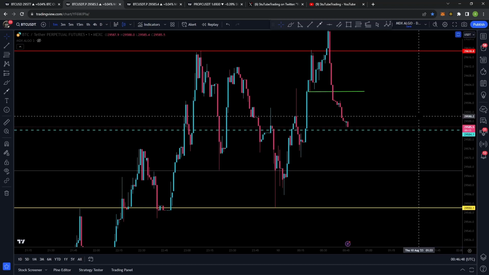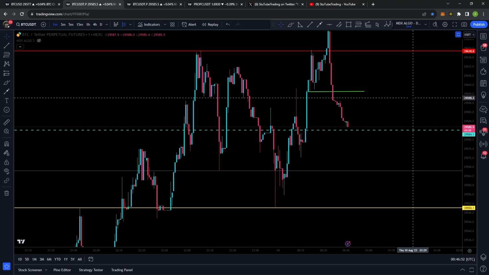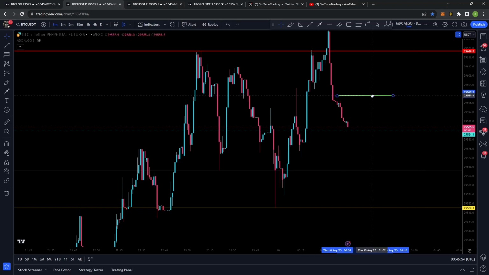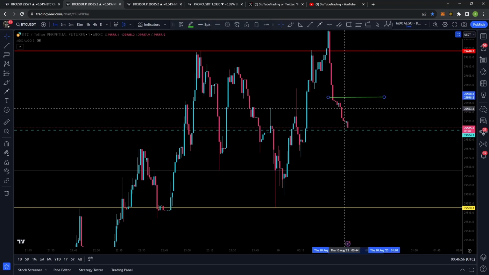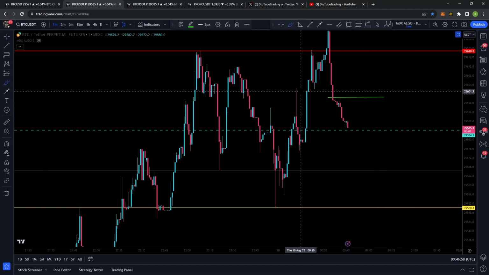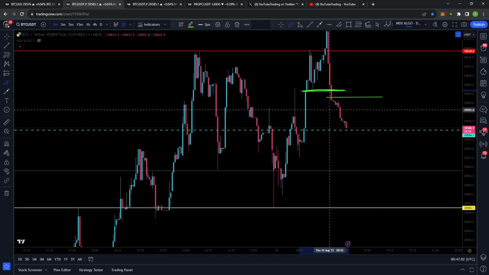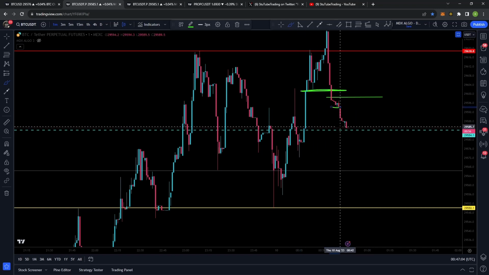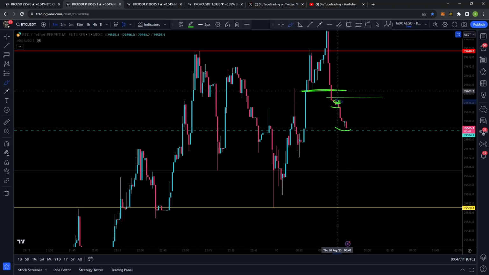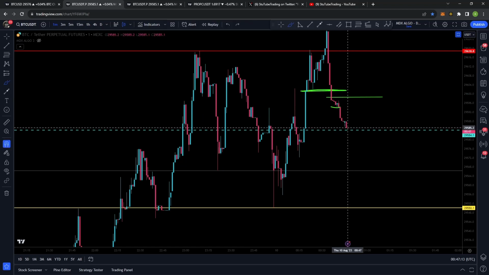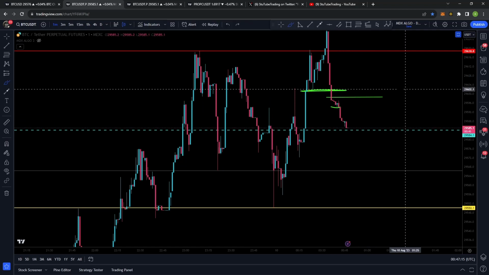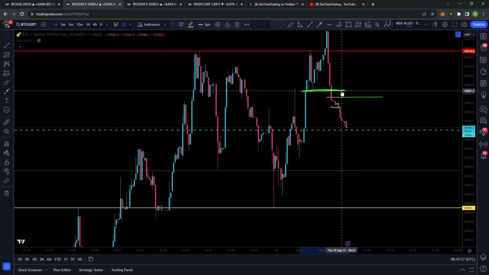I know this is probably going to be way too tight, but maybe I'll just set it up here. Since we lost this support, as I was talking about, just a change in structure, this would now have been our lower low, lower low. This would be our lower high at this point. So I'm just going to snug up my stop loss at this point. You know what? If I take the loss, I want it to be smaller than it was going to be before.